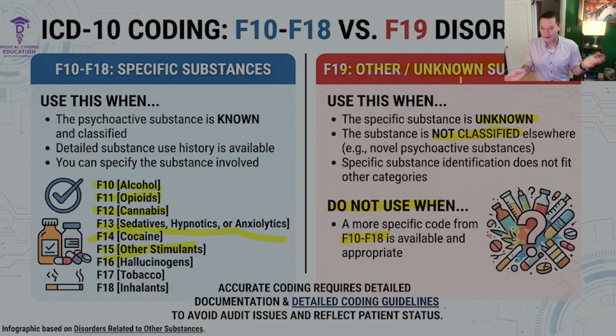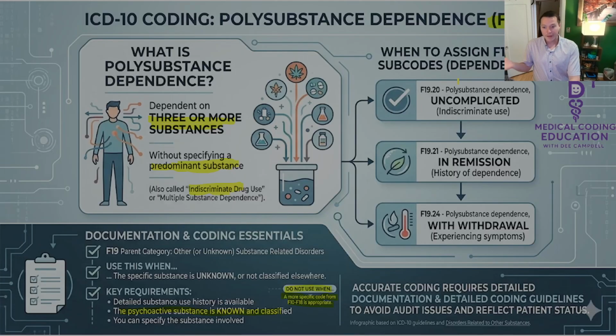But sadly right now as a coder, F19 is kind of a really bad code because it's overused and abused by providers, so insurances generally deny it way too often. So I really don't like this code at all as an actual coder trying to get payment, but I do think it would be better used as unknown if it wasn't over-reported as polysubstance use. That's my 2 cents on the documentation.